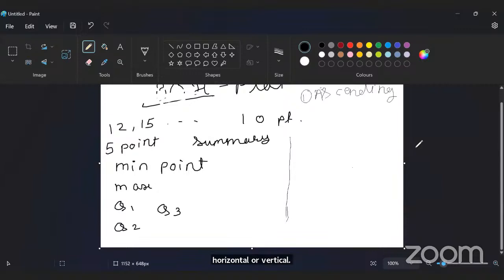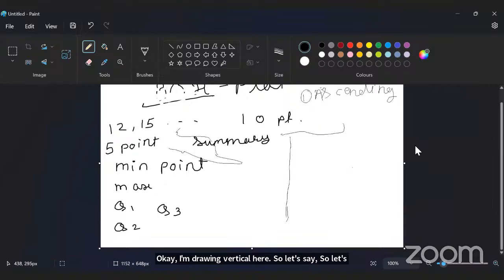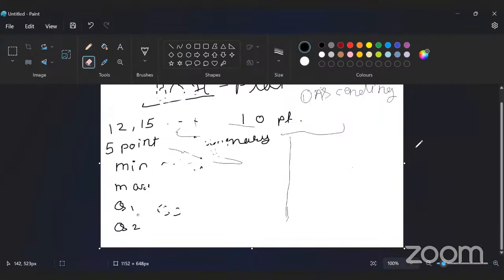So let's say my minimum value for the data is 2.